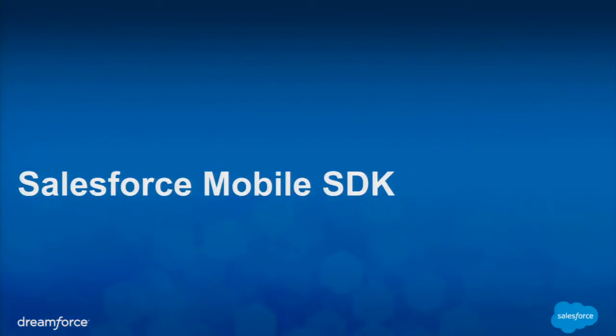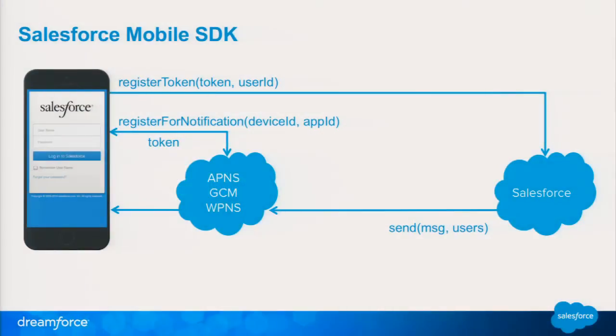Okay, so let's move to the second approach, and that was using the Salesforce Mobile SDK. So in this case, the nice thing is that you really don't have anything to do, because guess what? Salesforce itself has a feature that makes it work as a push admin service built in. Okay, so you notice that that cloud in the middle disappeared because your Salesforce org can actually play that role.